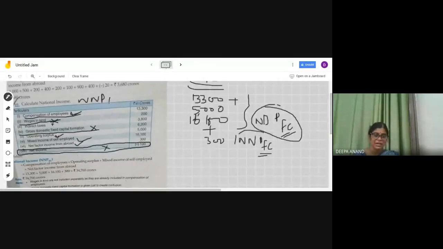So we need not consider this, because we are already getting FC. We don't want to change it to MP. If they ask NNP at MP, only then you have to add that. And net export we ignore, because we are given the actual thing, net factor income from abroad.